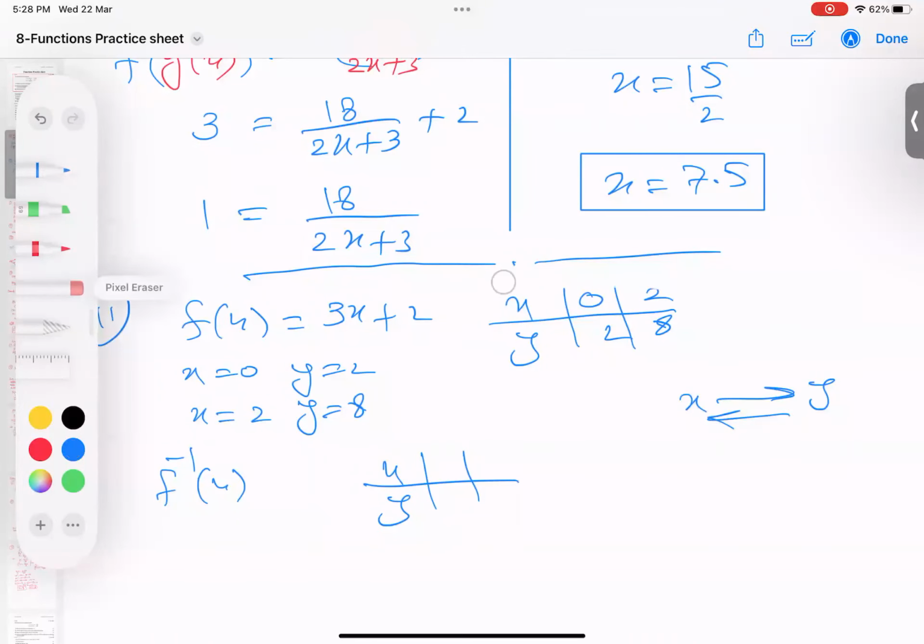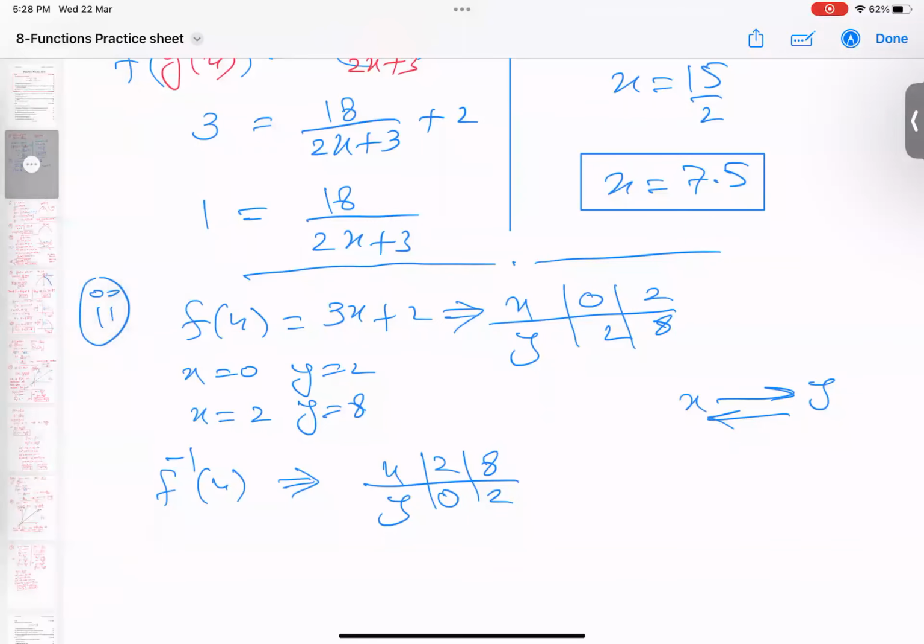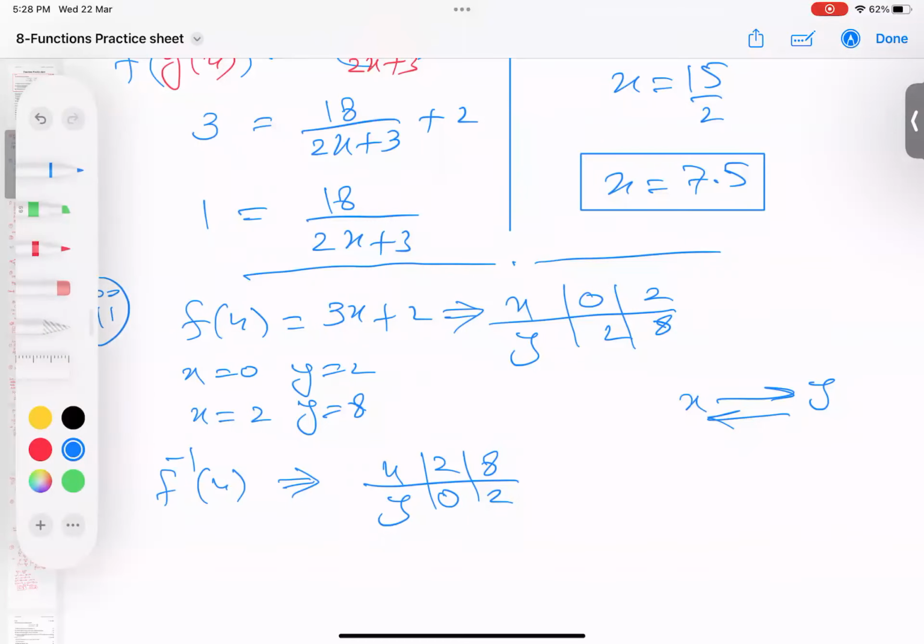So both x values will become both y values. So 0, 2. And both y values will become both x values. Interchange. And this is a table for f of x, and the table of f inverse of x. So no need to show the examiner full working. You can do it like this even.